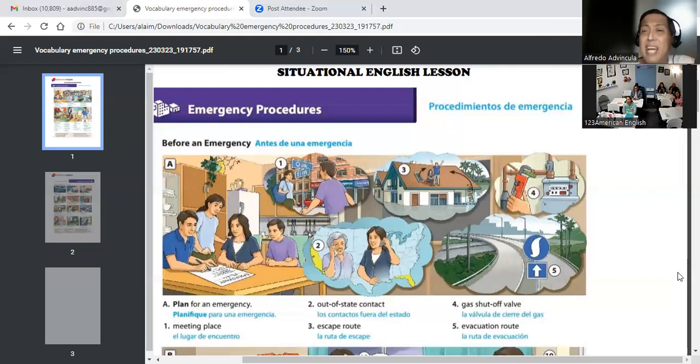So sometimes if there's a hurricane, for example, that's coming and you have to get out of town, you're going to plan your route in advance. How are you going to get out of town fast? So you say, okay, we're going to get on the 10, or whatever highway you guys are using. So you have to have this escape route planned already.